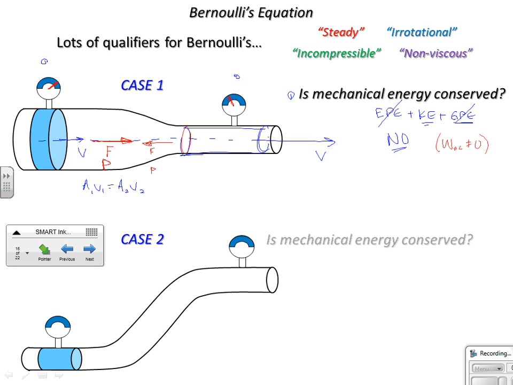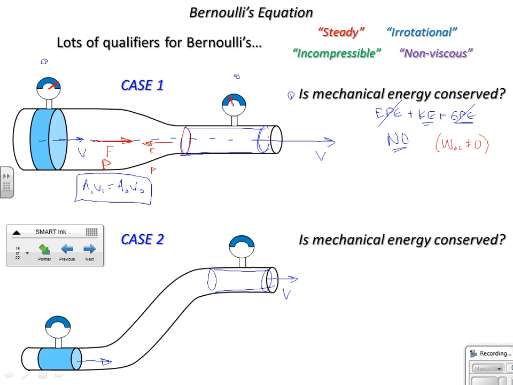Okay, case two. Is mechanical energy conserved? Well, if we again just apply continuity, we still have the same exact area, so we have a velocity v there and the same volume of gas here with the same velocity. We'll say v1 equals v2, if this is 1 and 2.